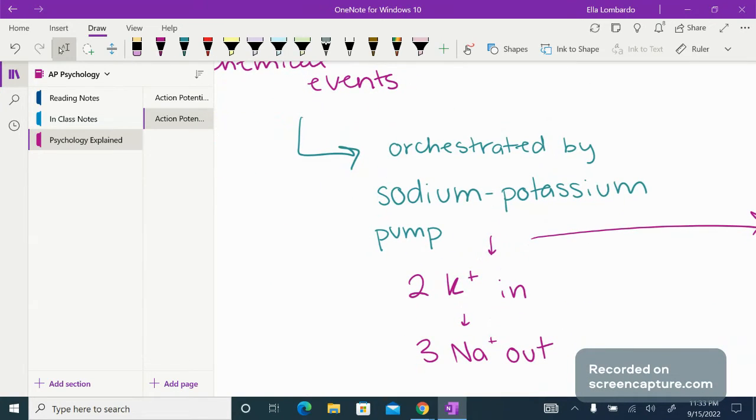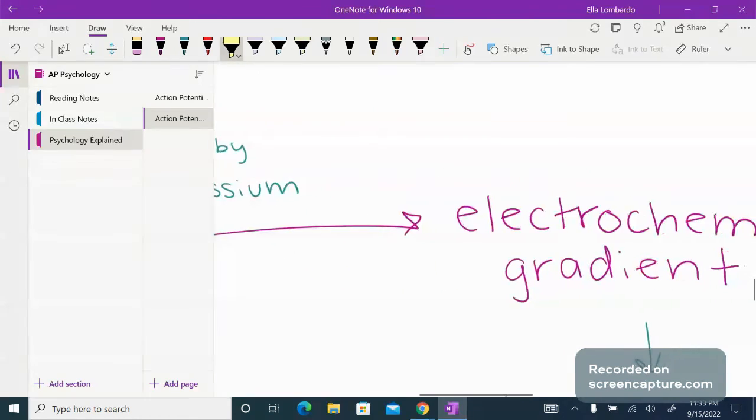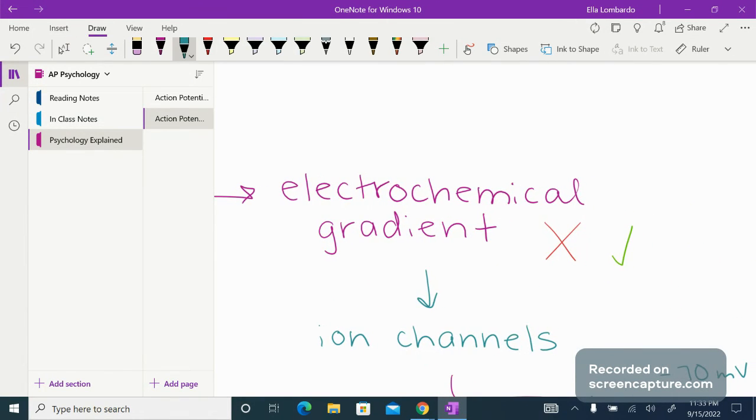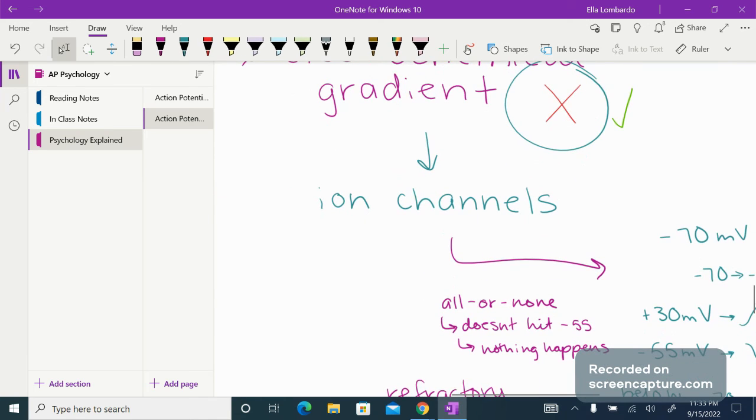This is orchestrated by the sodium-potassium pump, which means 2 potassiums in is 3 sodiums out. And this difference that this creates is the electrochemical gradient. And does our body like this? Yes or no? No, it does not. So it has ion channels, other ways for these ions to get in and out of the membrane.